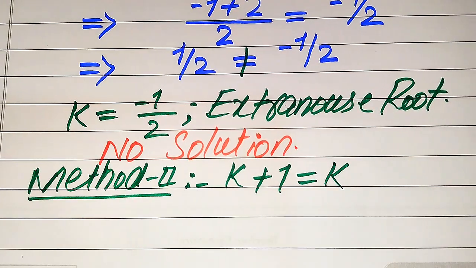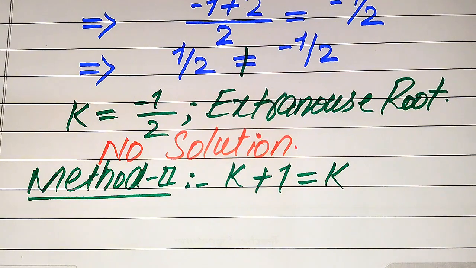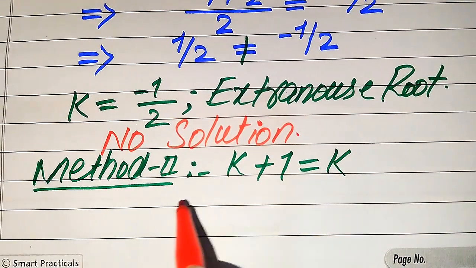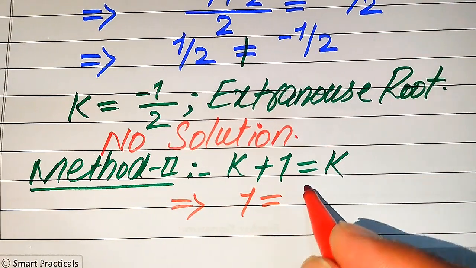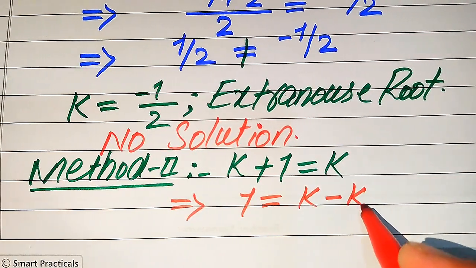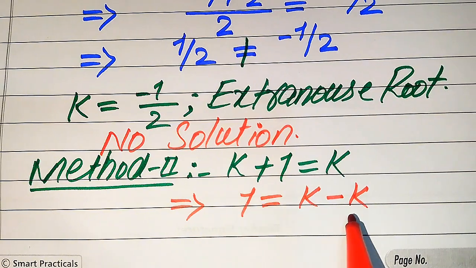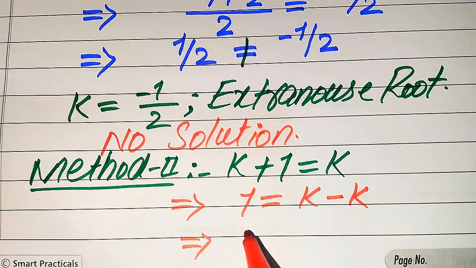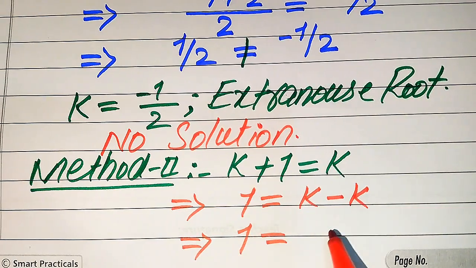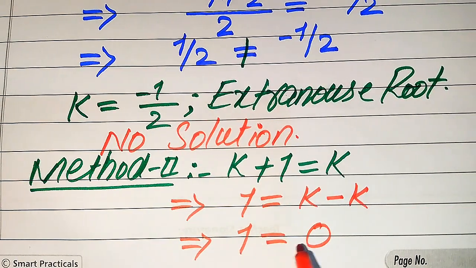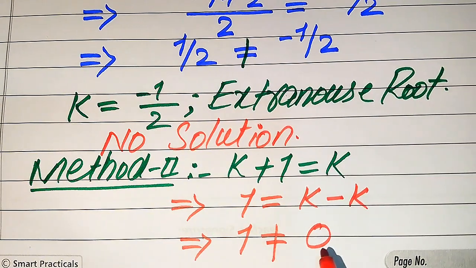In this method I can directly conclude about the solution of this question, and you see here when we move this k to the right hand side, it becomes plus 1 is equal to k minus k. This is positive k. When we move it into the right hand side, it becomes negative k, and we obtain here 1 is equal to, this k minus k becomes 0, and you see that 1 is not equal to 0 in general.